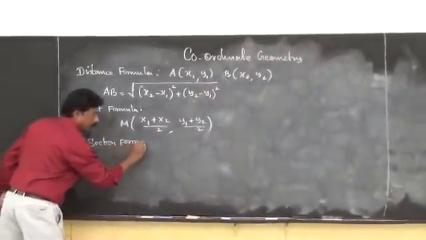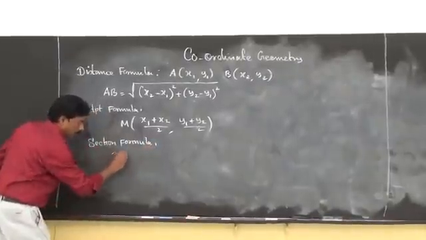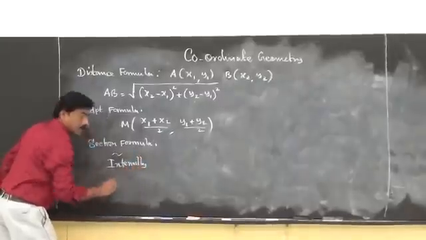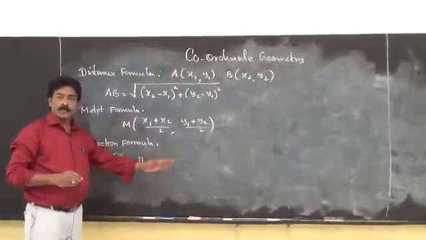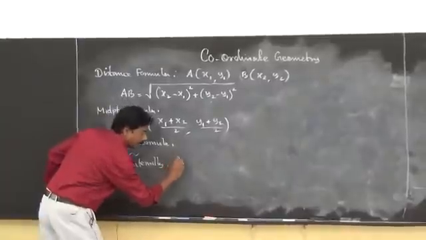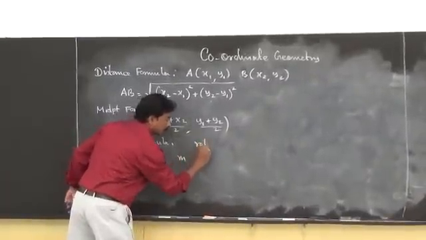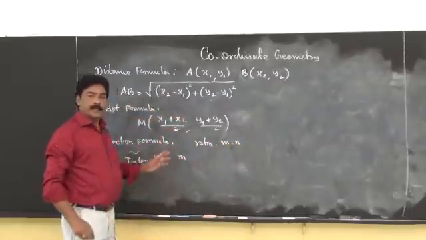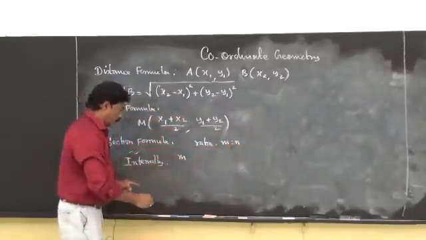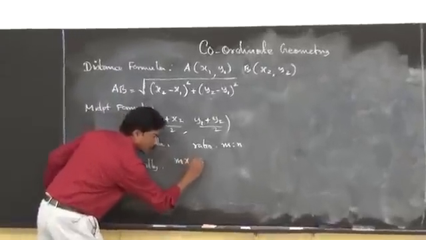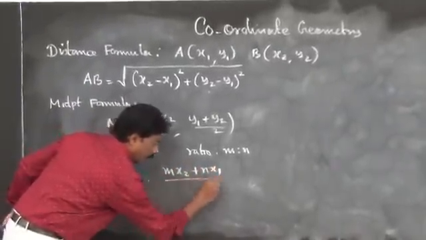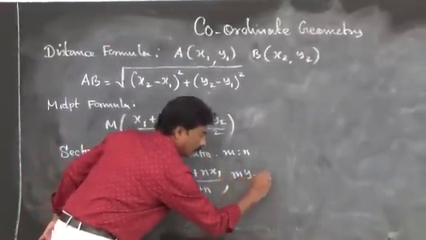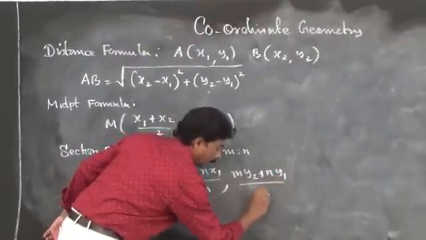In section formula we learned 2 things. That is, when it is internally, when the point cuts the line internally in the ratio m is to n. So internally means the ratio is m is to n. When the point P divides the line in the ratio m is to n, what is the formula? mx2 plus nx1 by m plus n, comma my2 plus ny1 by m plus n.